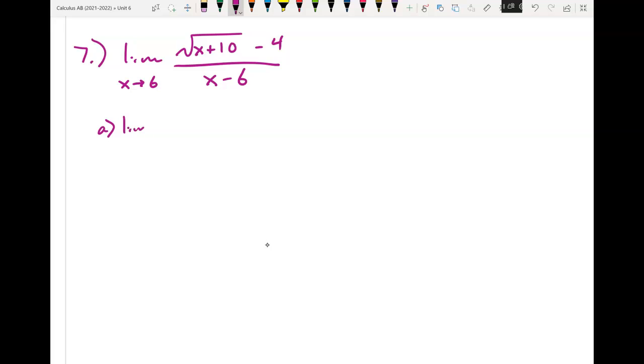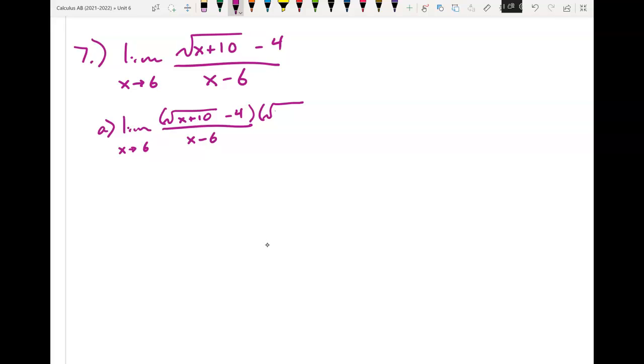Whenever we see a square root like that in a limit, and this is a technique you want to make sure you know how to do. And we did do it back in probably chapter 1. For us, it's not the same as what's in the book because we're not following exactly the same chapters. But what you do is multiply by the conjugate of whatever has the square root in there.